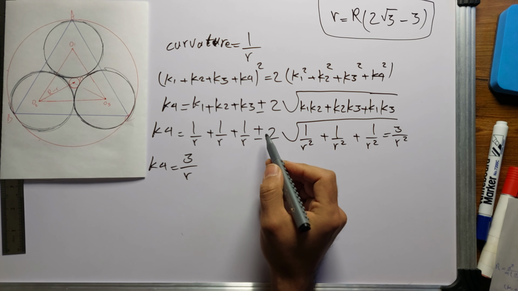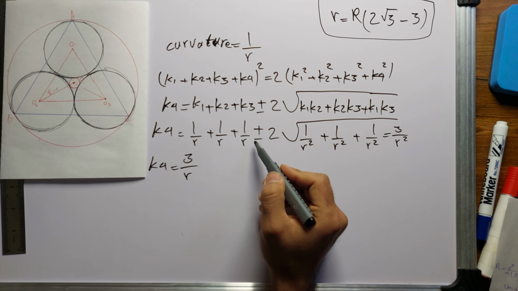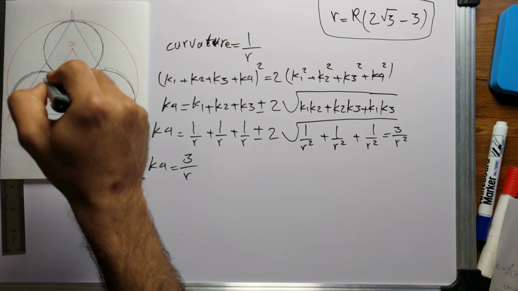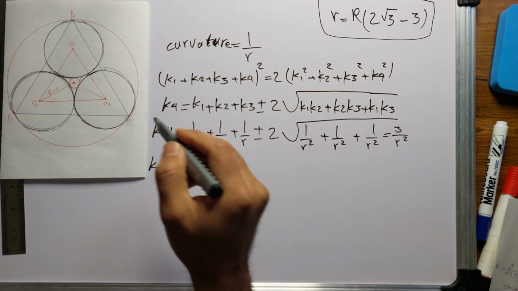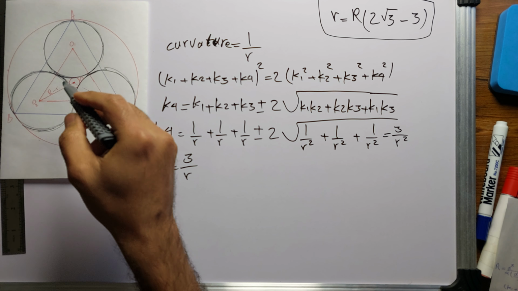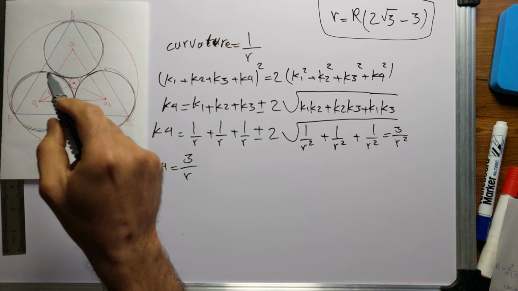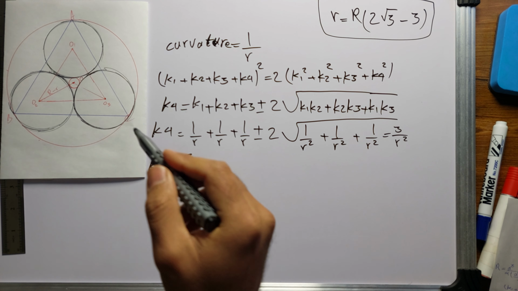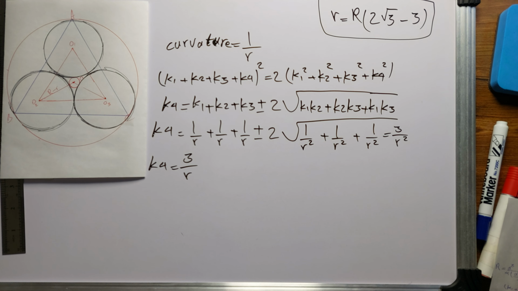And we use the plus root here, because this inner circle is externally tangent. So if you want to go for the circle that is externally tangent to all of those, you can use a plus sign. If you want something that is internally tangent to all these three circles, you can go with the minus sign.